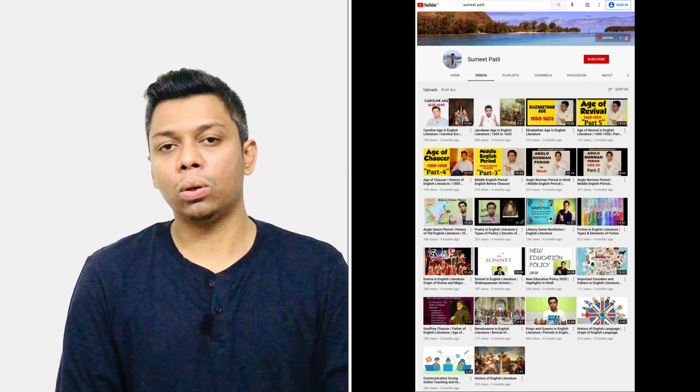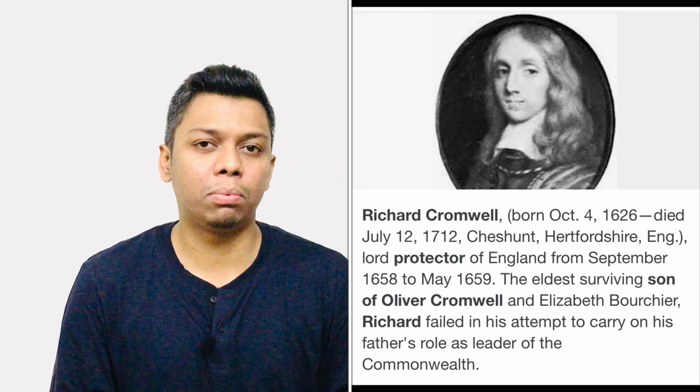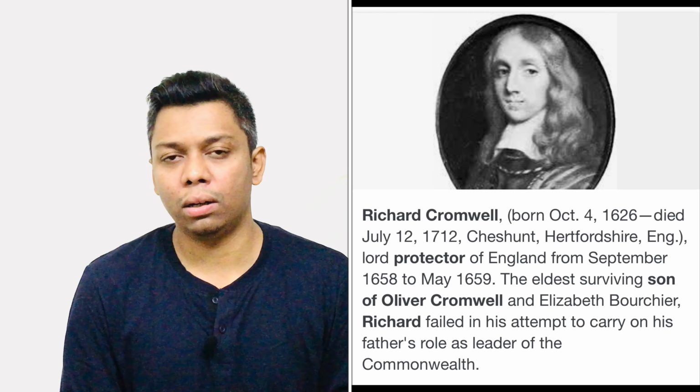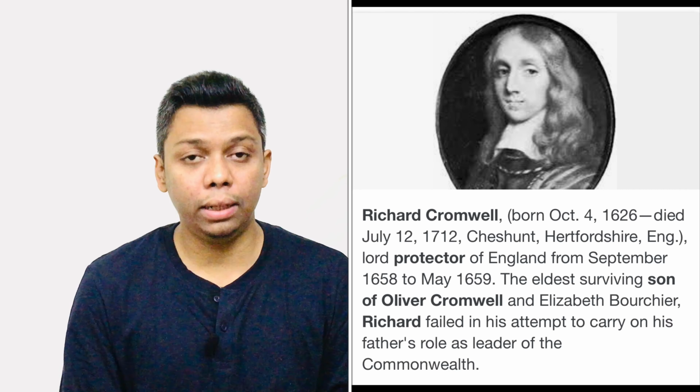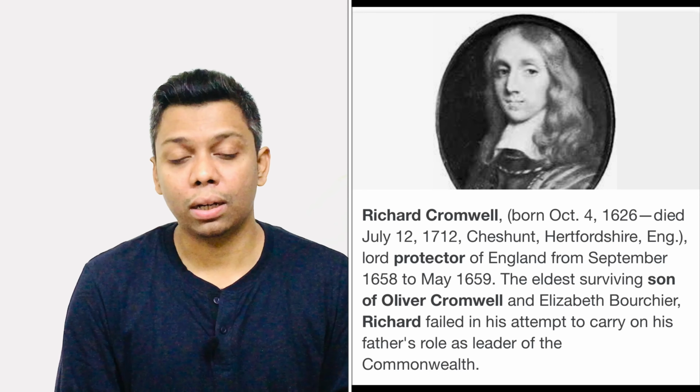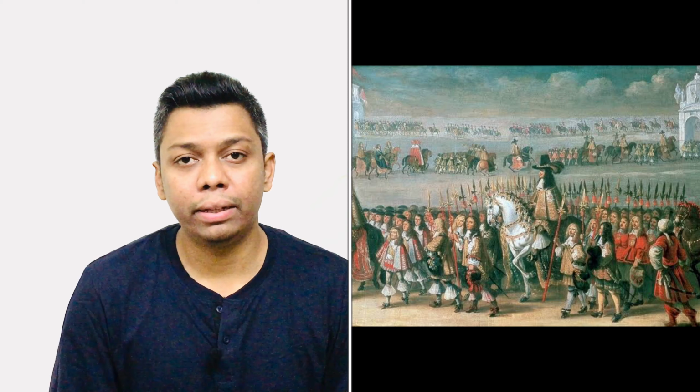So around 1658, Richard Protector starts ruling, but due to political powers controlled by Scotland or the Scottish king, they come with their army, settle down in London, and remove Richard the Protector from the control of England, and they start ruling.